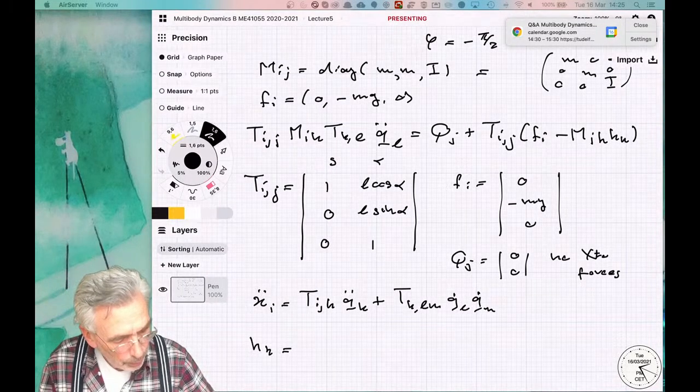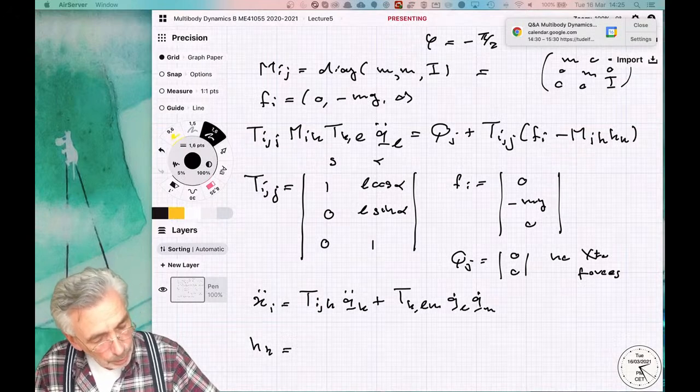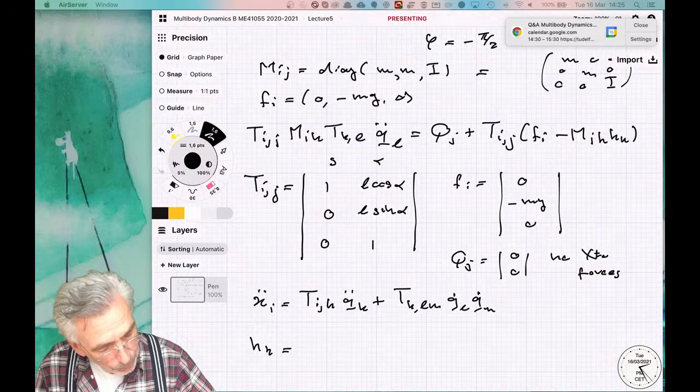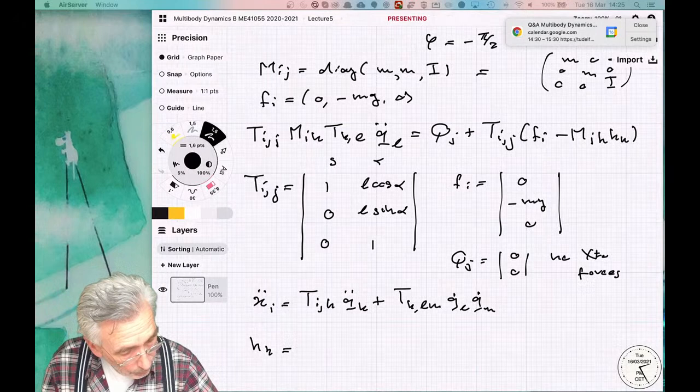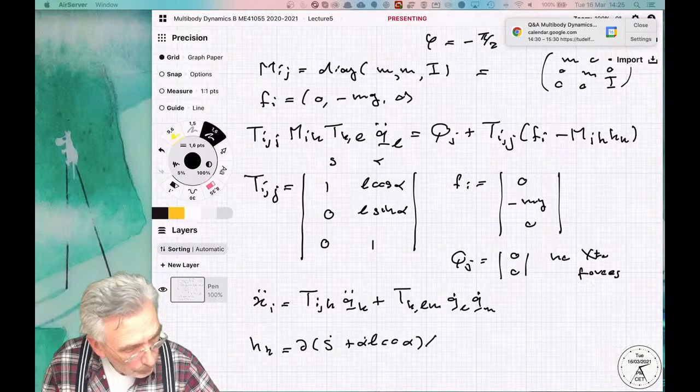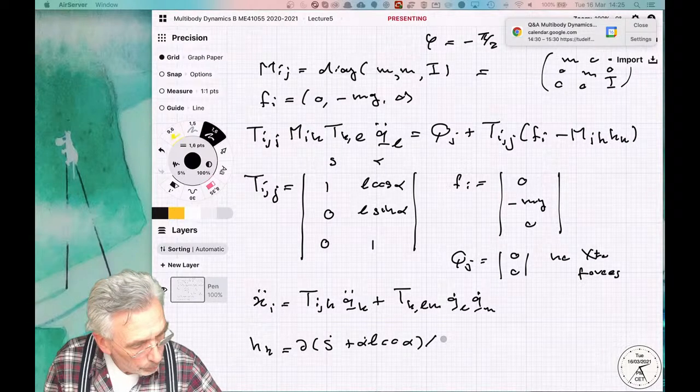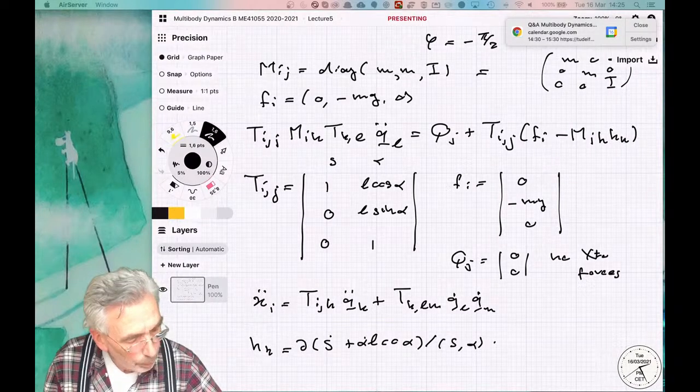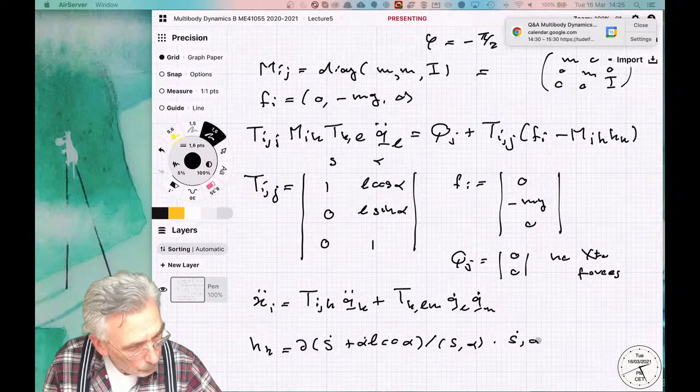So you said h_k is a, so I have to take this term, which is in fact s dot plus L alpha dot L cosine alpha, and I have to differentiate that with respect to, well, our coordinates s and alpha, and then multiply with s dot and alpha dot.